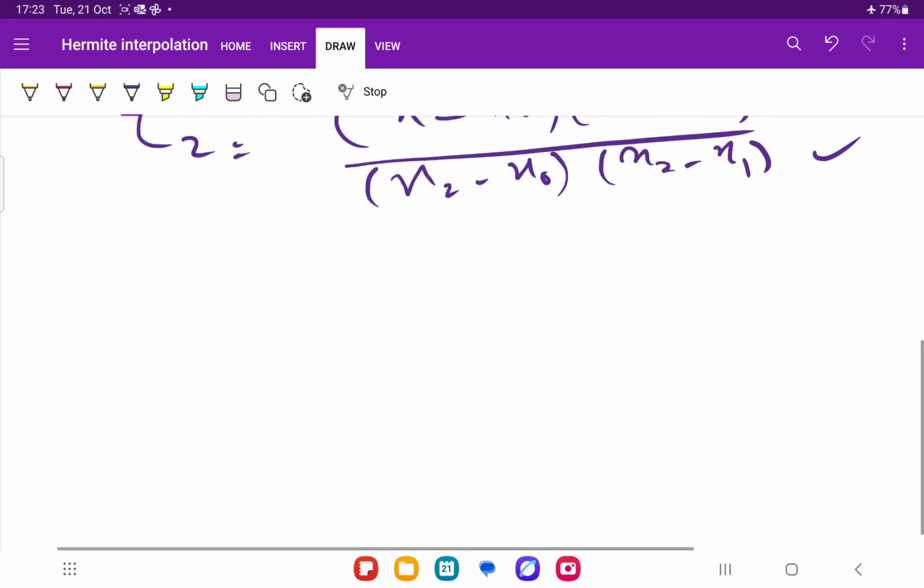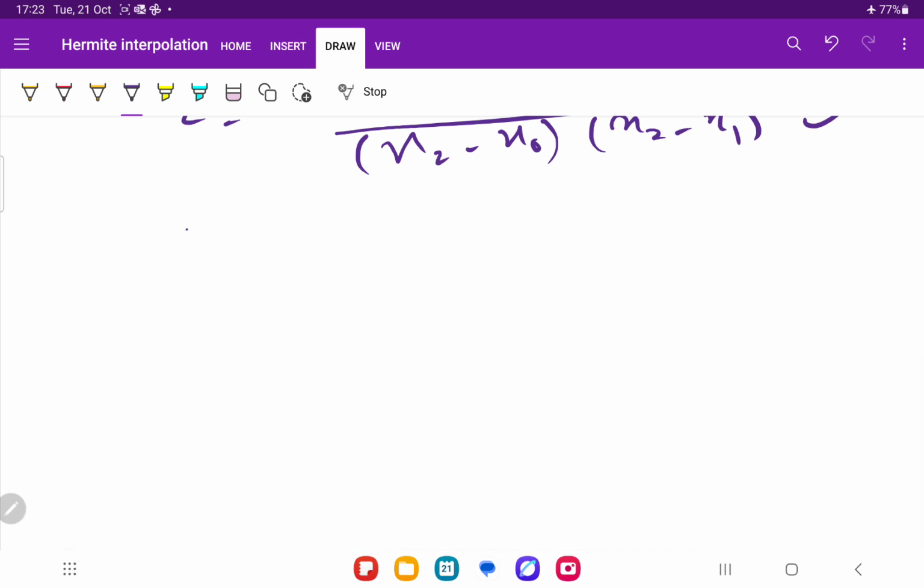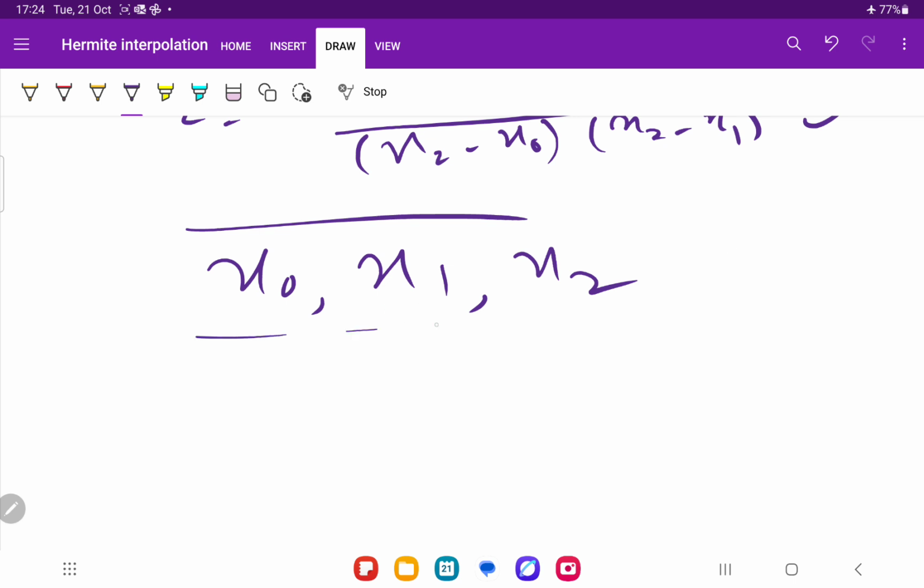so if you have been given, for example, x0, x1 and x2, how many points are there? 3 points. So you have been given 3 points. What type of polynomial will be generated out of it?